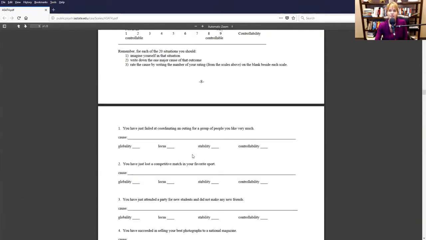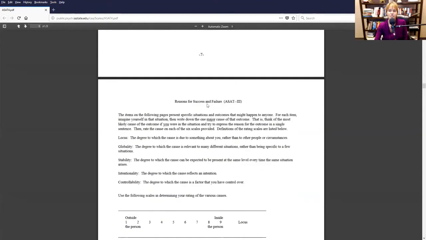And then there are other reasons for success and failure, the ASAT-3. It looks at the locus of control, whether people use a global or specific attributional style, whether they use a stable, that means it's forever and always, or changeable, they can do something about it, attributional style.